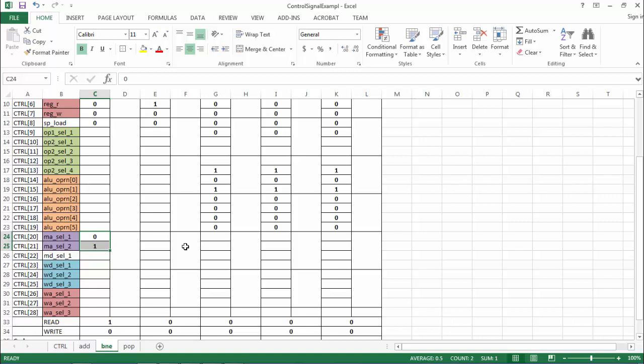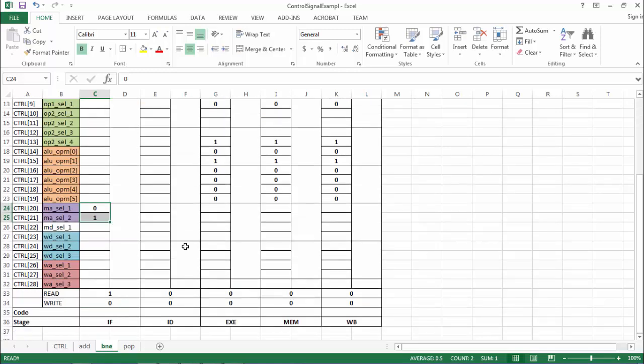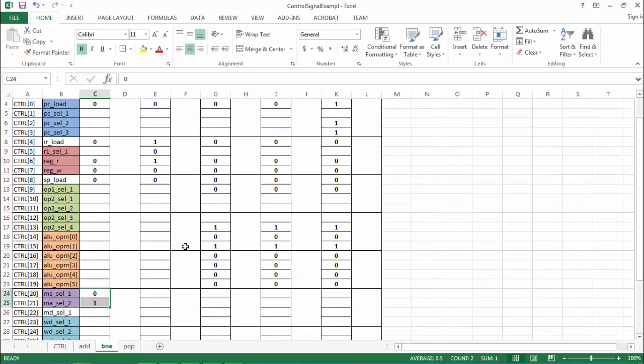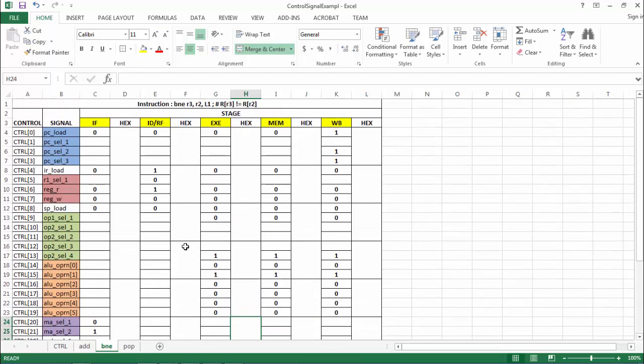This is all about register writing, and since this instruction is not about register writing back, it really doesn't matter, right? Remember, this register write is also there. We're not writing back. So these are the important control signals for this instruction, and then we just put everything 0 for the other don't care places.